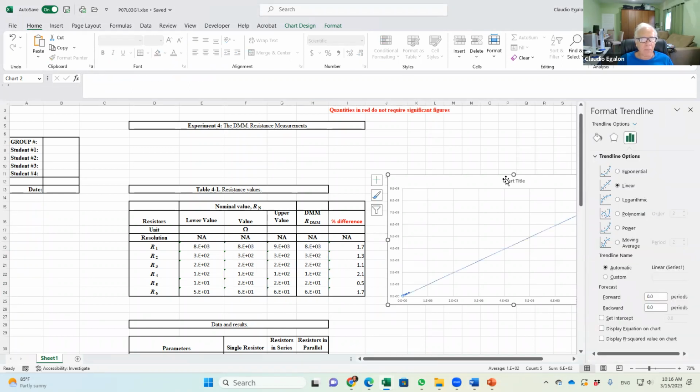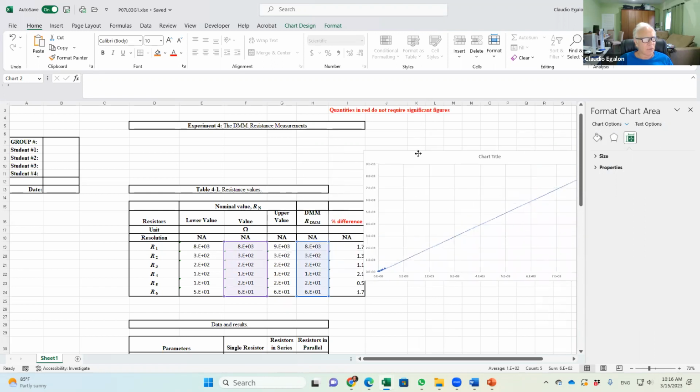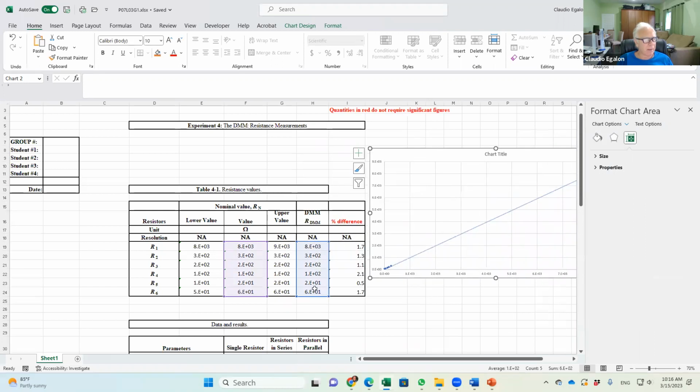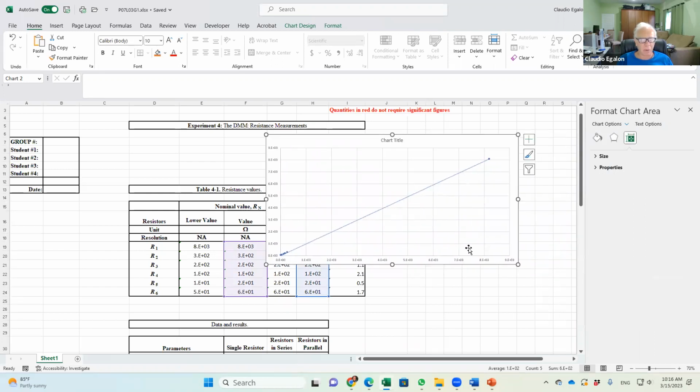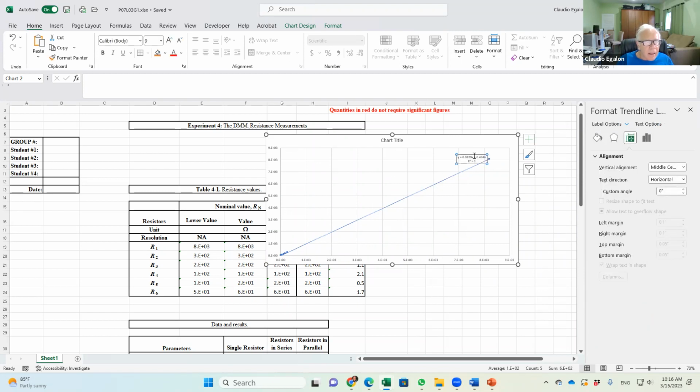Here you go. Format trend line, supposed to be a linear graph, because there is a relationship between the measurement of the DMM and the measurement using the color code. I'm going to display the equation on the chart. Man, it seems so small, right? Here you go.